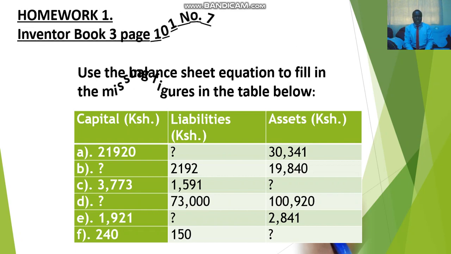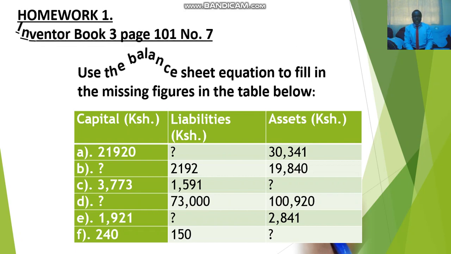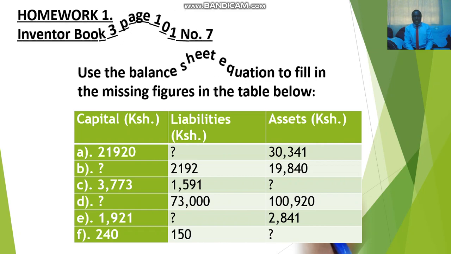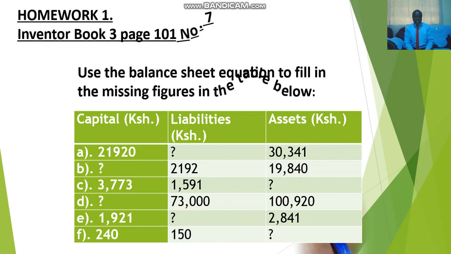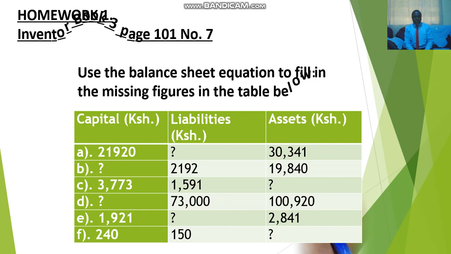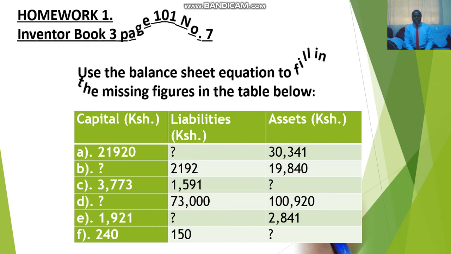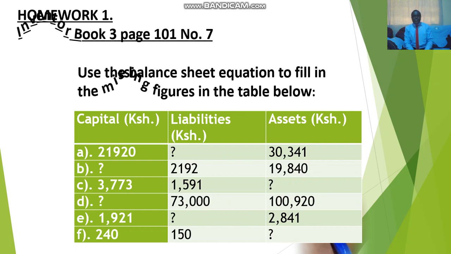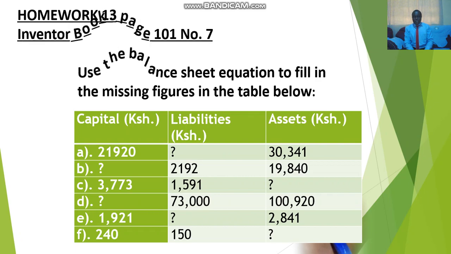In scenario B, we require to find capital. In scenario C, we require to find assets using the balance sheet equation. In scenario D, we require to find capital. In scenario E, you require to find liabilities. And in scenario F, you require to find total assets.